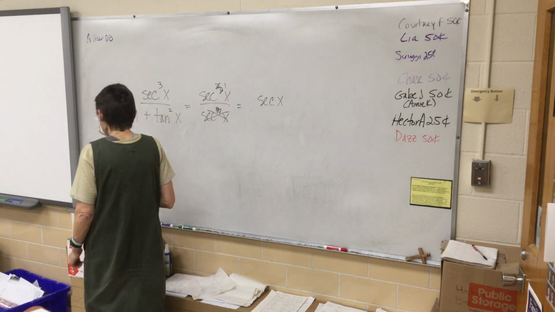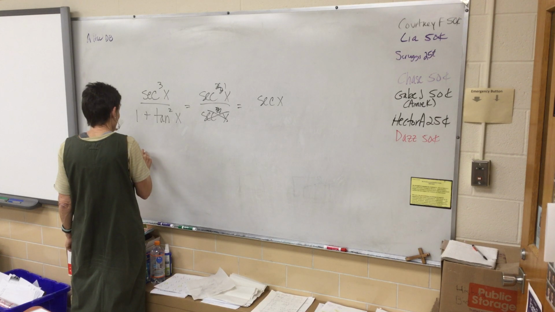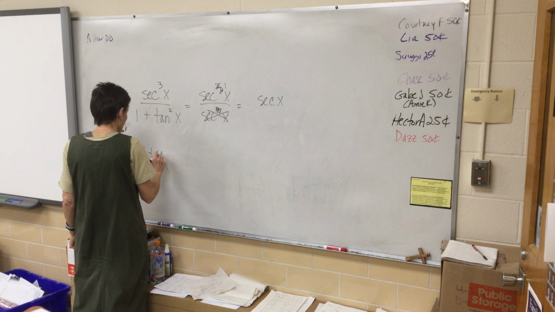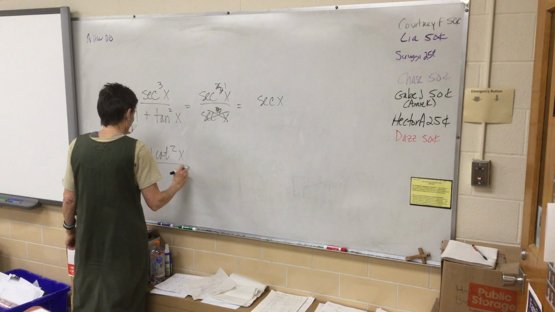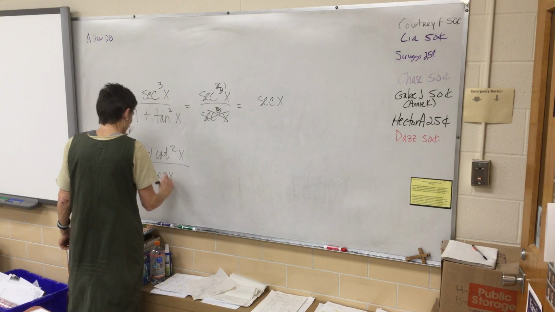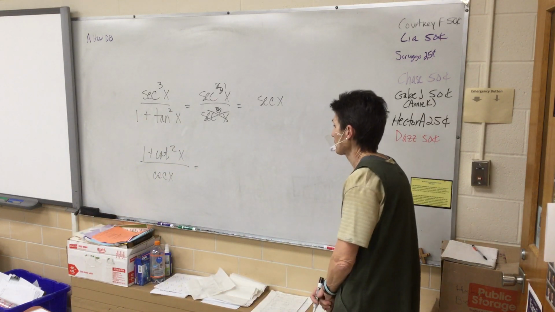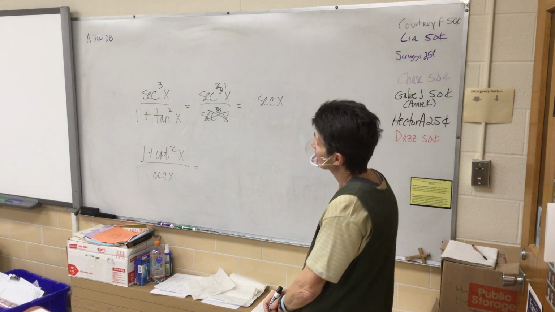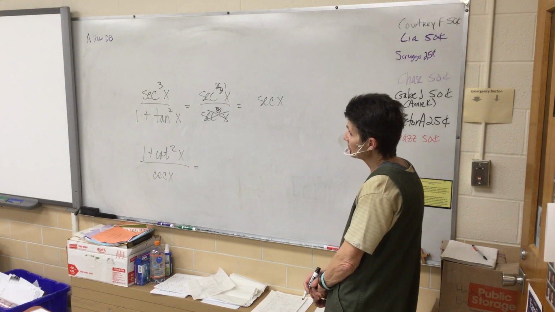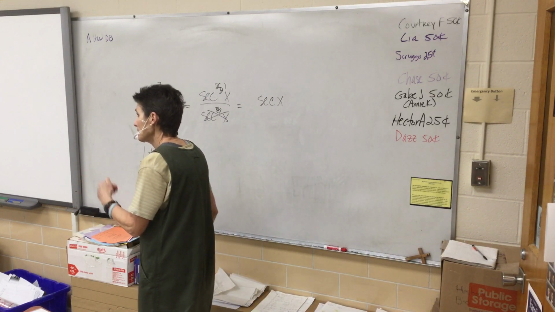So another one like that might be, let's see, so again, when you read the problem, you're going to say to yourself, 1 plus cotangent squared.